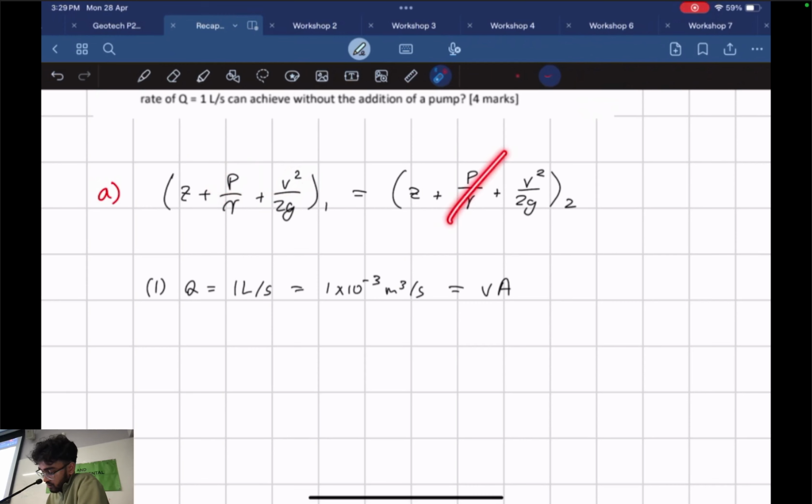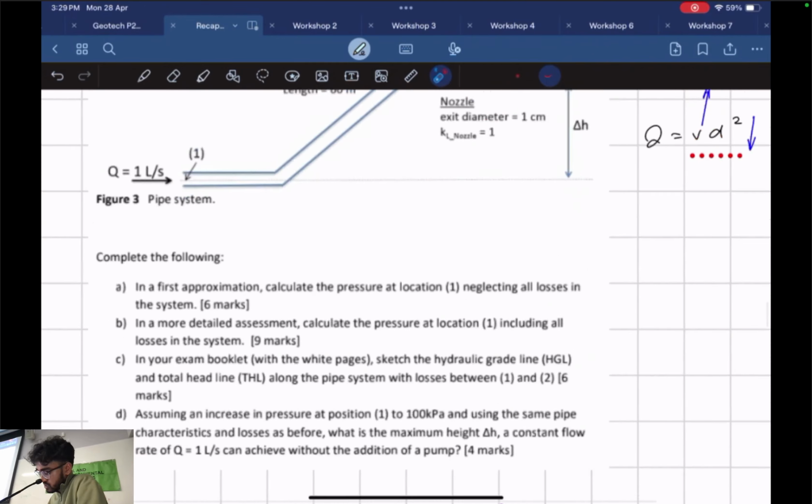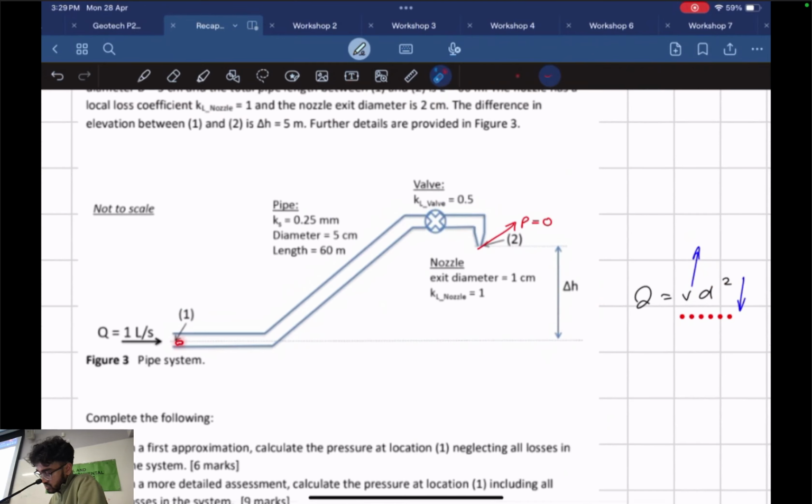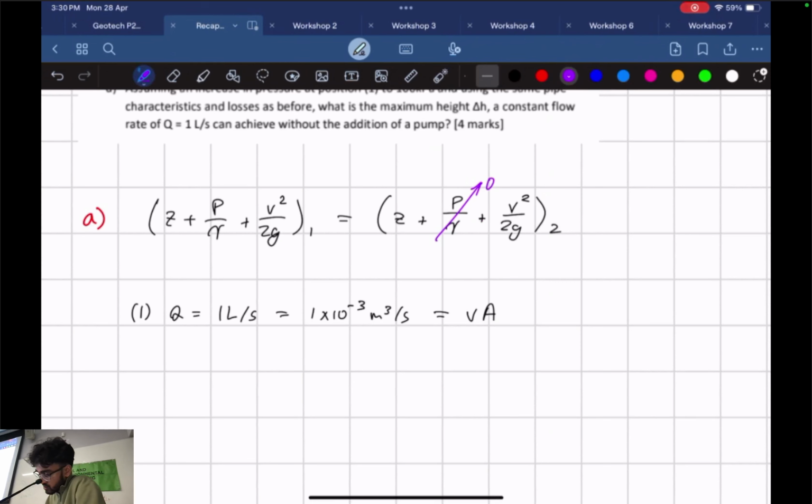We know this is 0, 0, and we can actually find the difference in elevation. In fact, they actually give it to us to be delta H. So if you take this as datum, the difference between point 2 and point 1 is just 5 meters. Right? So I'll note that down. Z2 minus Z1, which is delta H, is 5 meters.